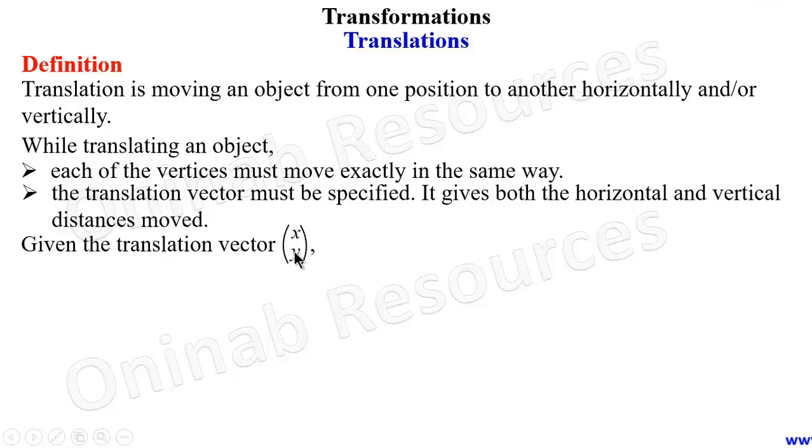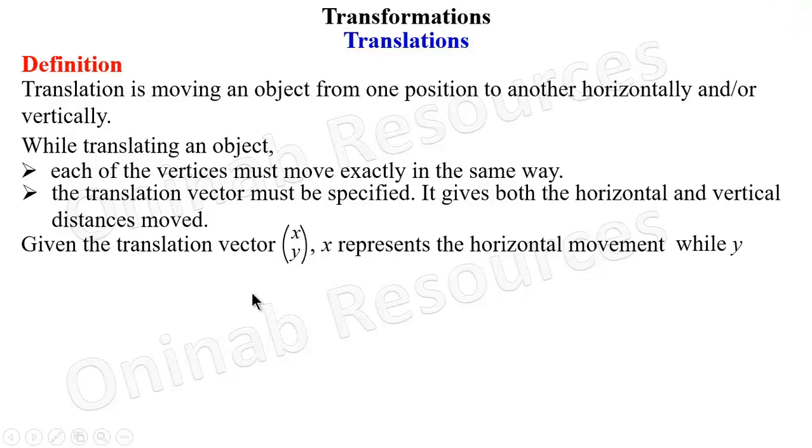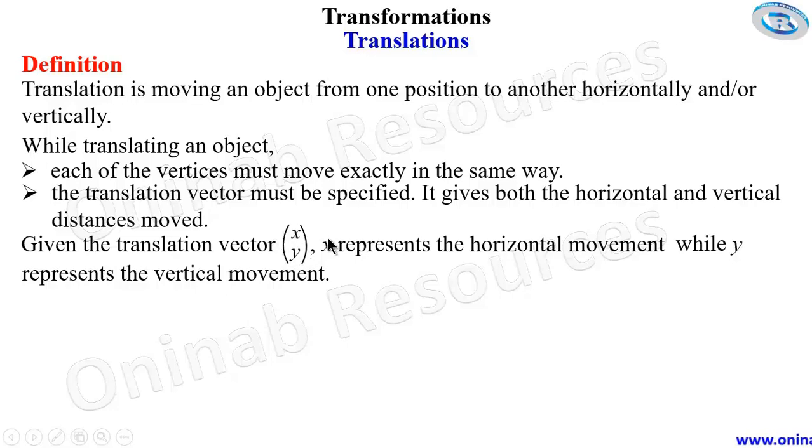Also, if y is positive, the movement is upward, and if y is negative, the movement is downward. So given the translation vector (x, y), x represents the horizontal movement, while y represents the vertical movement, as explained.